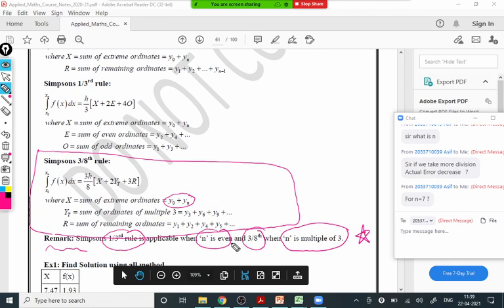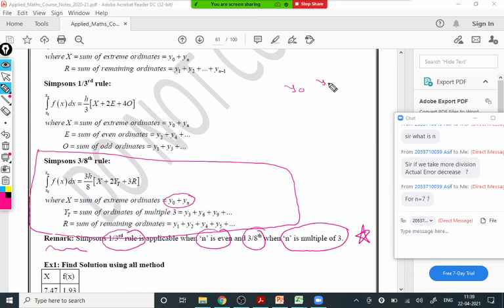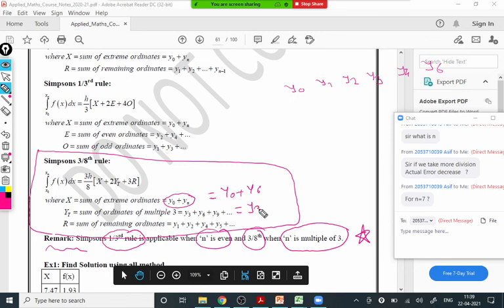I will take some values again here. Suppose we have y0, y1, y2, y3, y4, y5 and y6. Now I want the extreme ordinates first: y0 plus y6, correct. What about the multiples of 3? Only y3, very good.